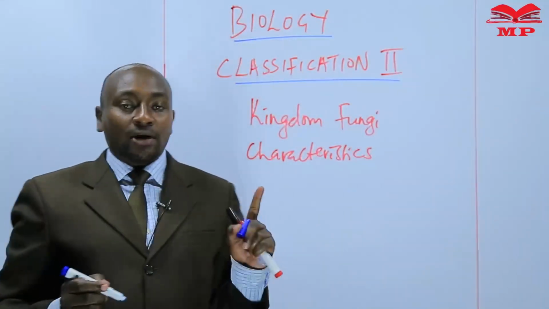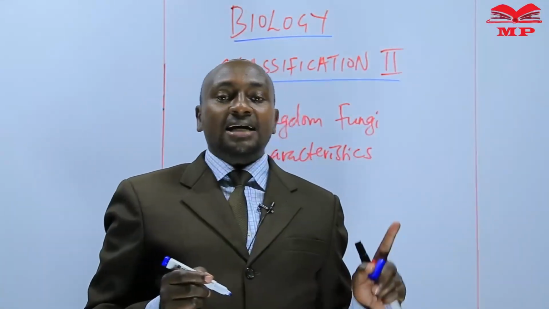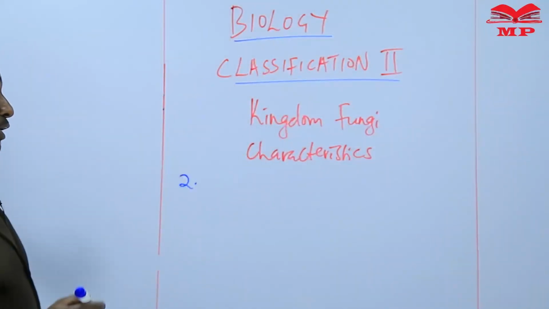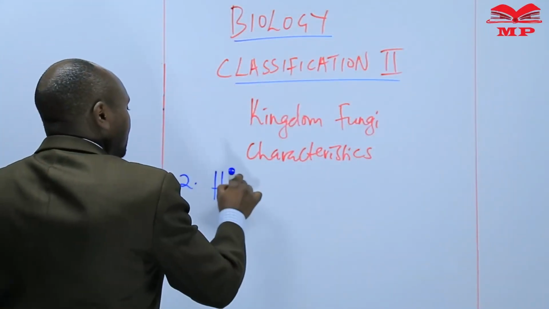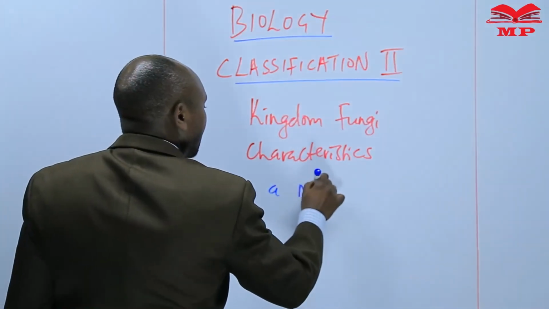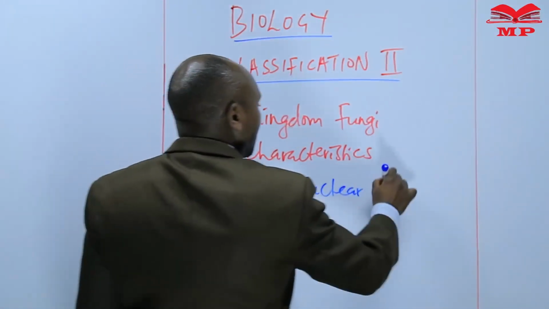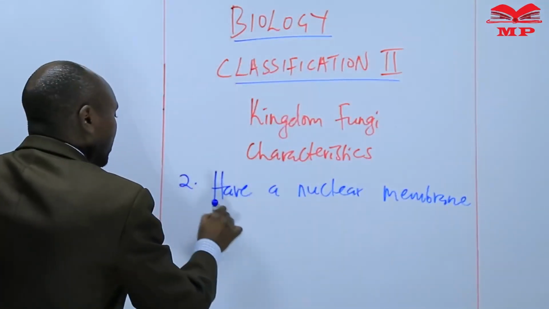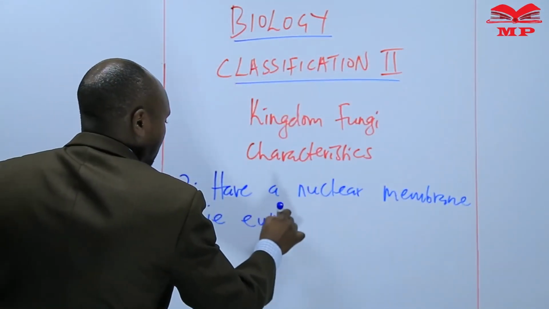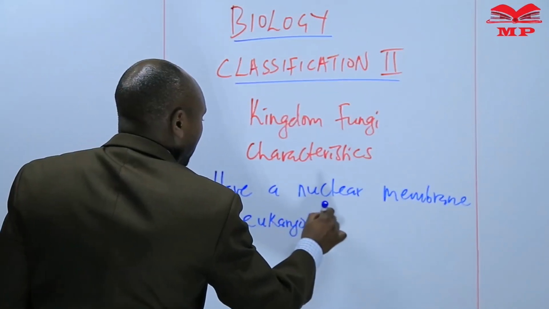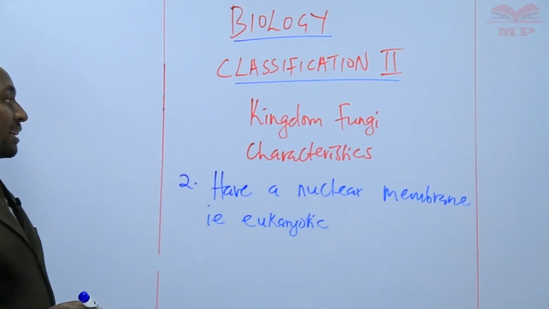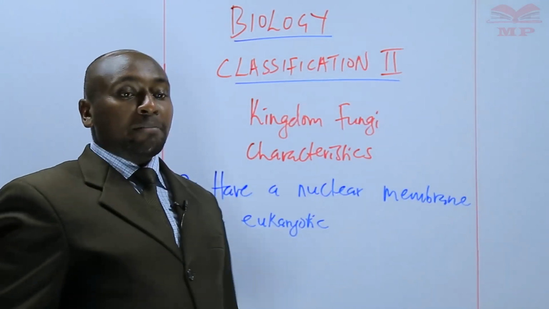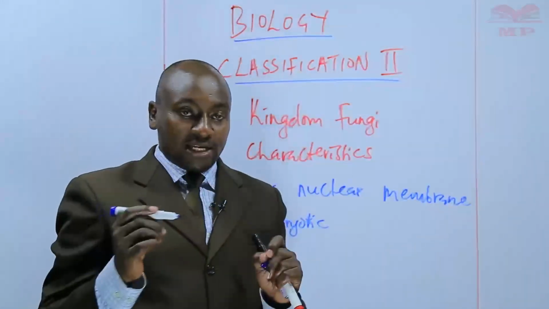The word eukaryotic means that has a nuclear membrane. So even the members of kingdom fungi have a nuclear membrane, and therefore they are eukaryotic. That nuclear membrane encloses the nucleus.